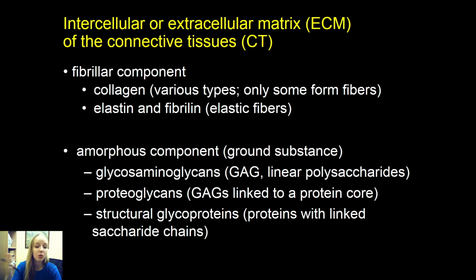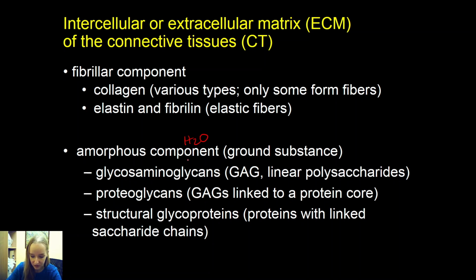And there is this amorphous component. The amorphous component is composed of low molecular weight substances such as ions and small molecules, but don't forget about water. Water is also very important.